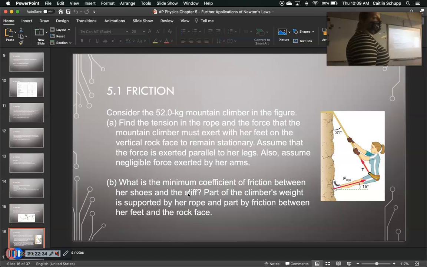Would there be a normal force? What do we think? I would guess yes. However, remember that it's always perpendicular to the surface that's in contact. So where should it point? Do you agree? Because her feet are in contact with the wall.